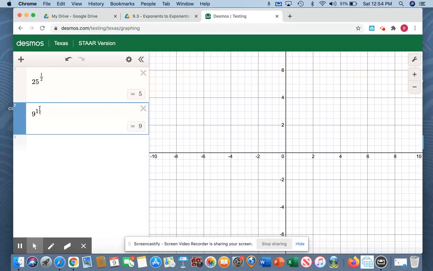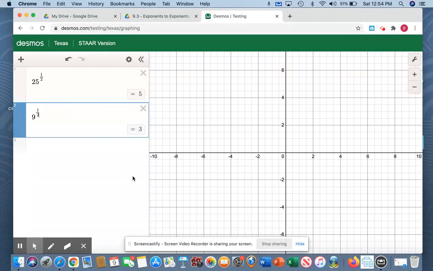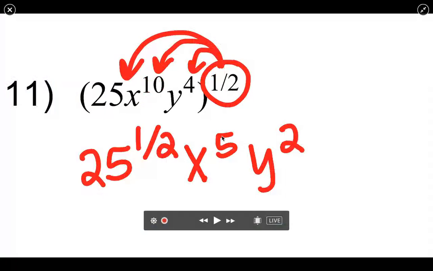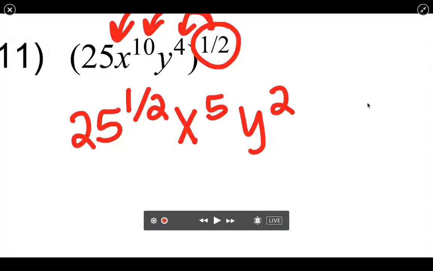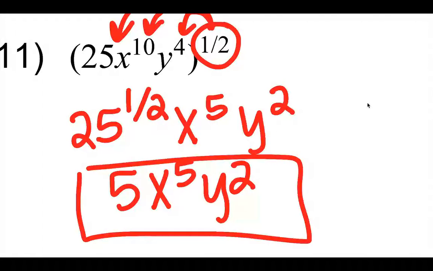I don't want to go too far into this because it steps on what we're doing tomorrow, and I don't want to get us too far ahead and confused. So for now, just know if it's to a half power, you're taking the square root of whatever the number is. And the square root of 25 is 5. And then I've got x to the 5th and y to the 2nd, or y squared. There's my answer.